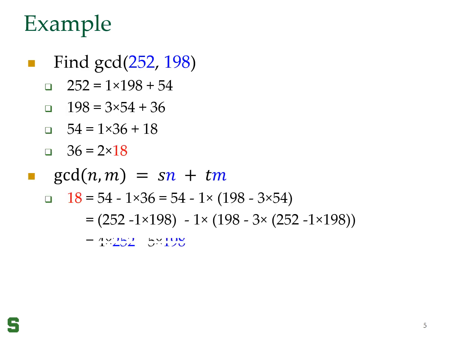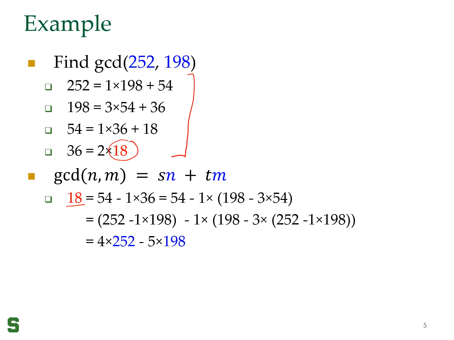Here is another example. So here we have the computation for finding GCD between two numbers, 252 and 198. Now this approach is sort of backward in the sense that we're going to start with the GCD and we're going to express it in terms of the numbers that we have in it.